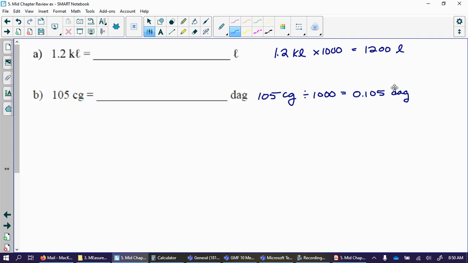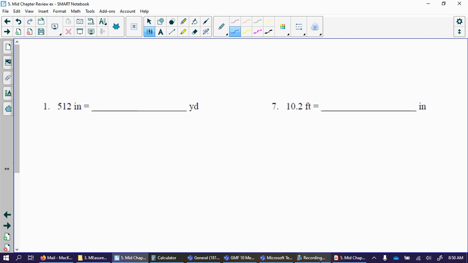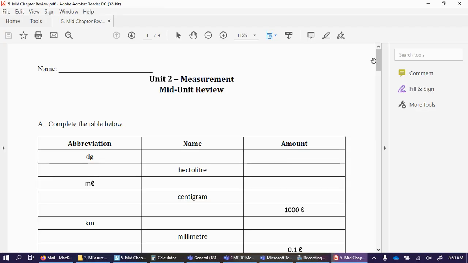So far, so good. Again, this should all be reviewed. We're going to skip down to yards, to inches. I want this one, that picture. Adobe should open quicker. Come on, you can do it.